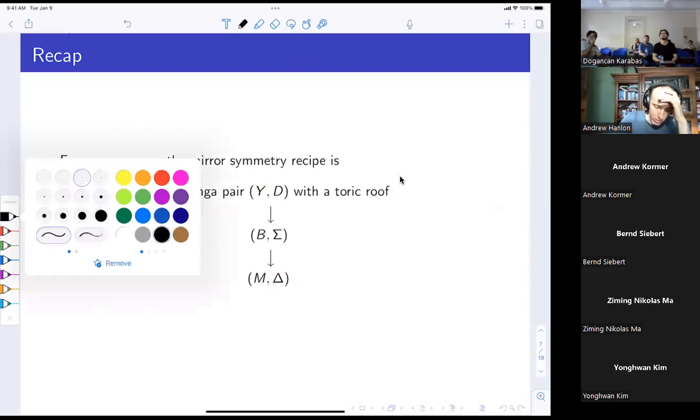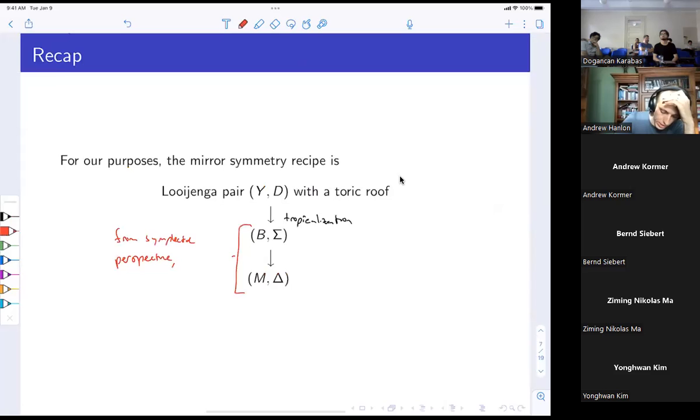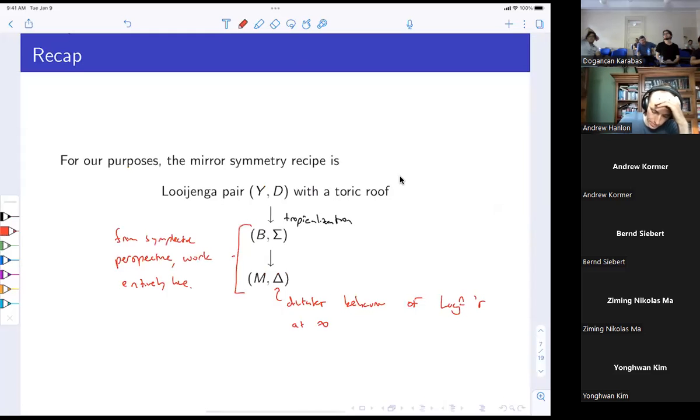So I should think that whatever I had, this Looijenga pair with a toric roof, can be, as Bernd was saying, captured by some kind of tropicalization, and from the symplectic perspective, you can work entirely here, where you have this tropicalized picture and this reconstructed symplectic manifold with this monomial division, which dictates the behavior of Lagrangians at infinity.